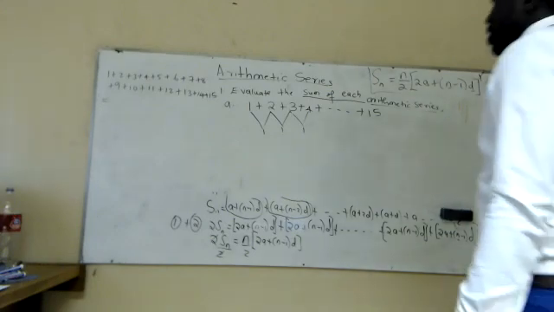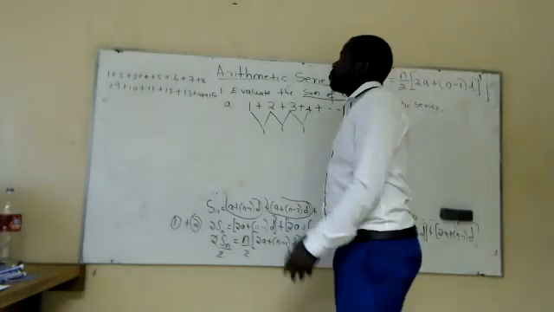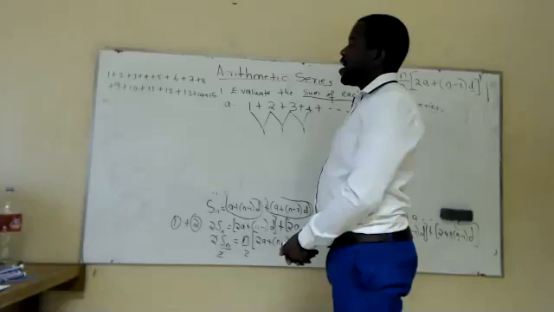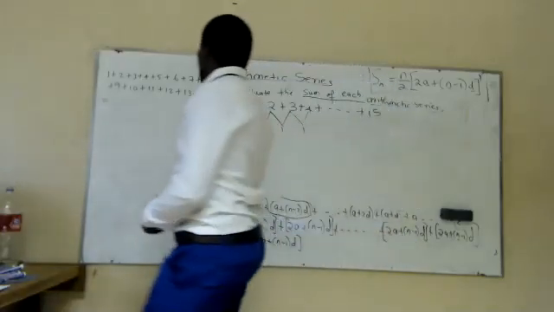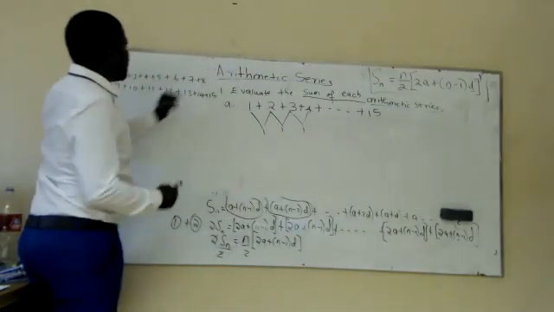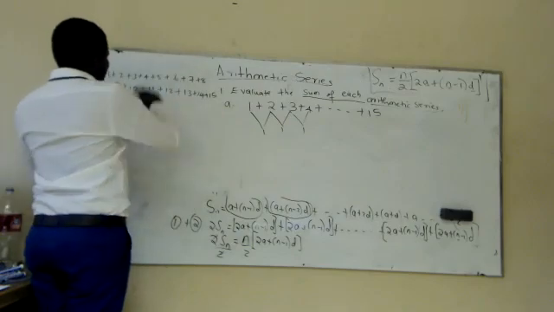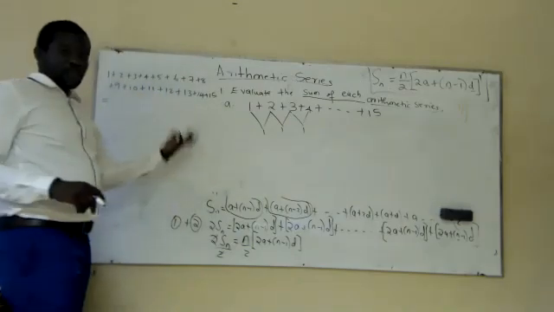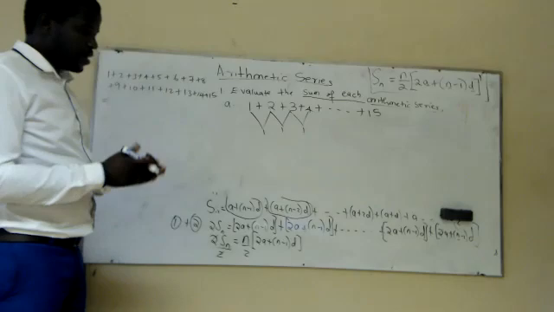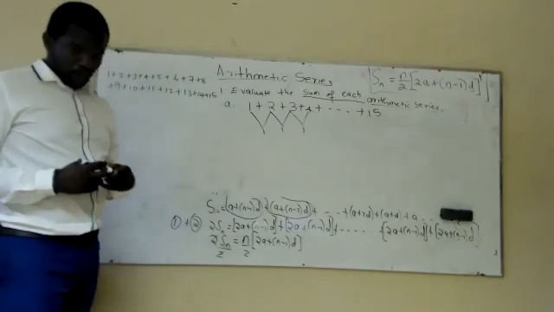If your calculator is full, you can do maybe up to 8. You write down the answer, then do from 9 to 15, and then add them together. It will give you the answer you're looking for.